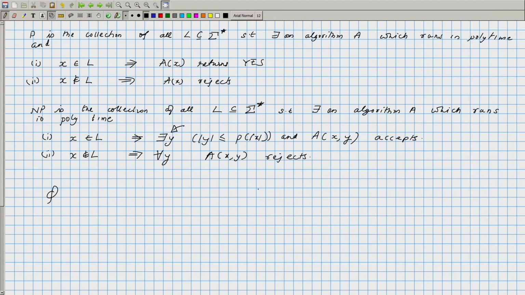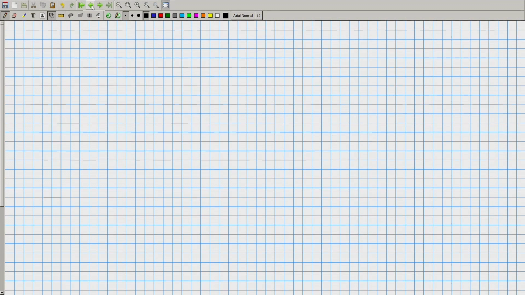Okay. So, that is a problem which belongs to NP, and this is the formal definition. Now, we will see a classic problem and see that it belongs to NP. The problem that we look at is the following.